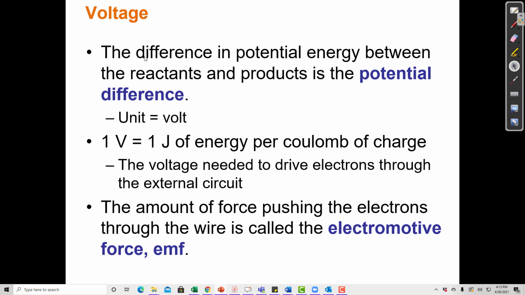So to think about the difference between voltage and amps, back to this analogy of the pipe. If the pipe is very steep, the water will flow very fast. So if the potential difference is very large, then the electrons will flow very fast, and we'd have a very large voltage. But if only one electron goes through every second, then I'd have a very small current.